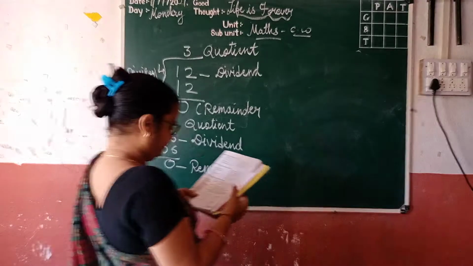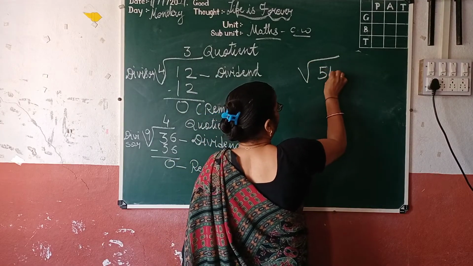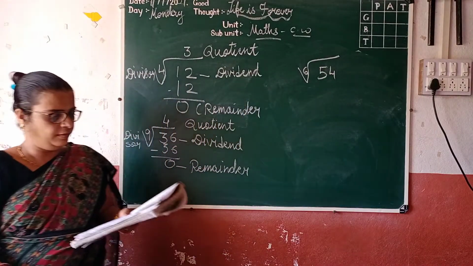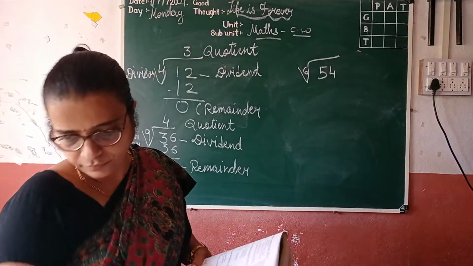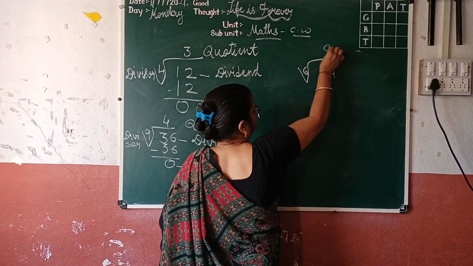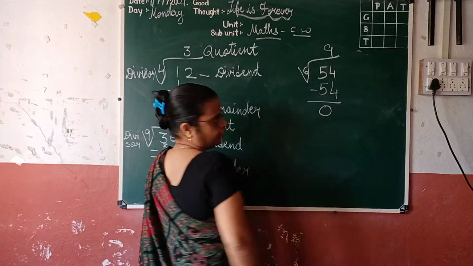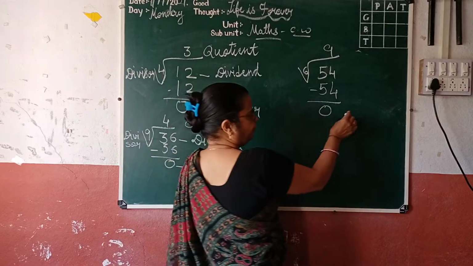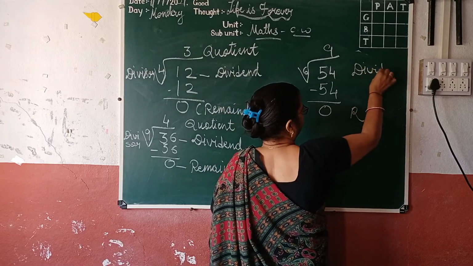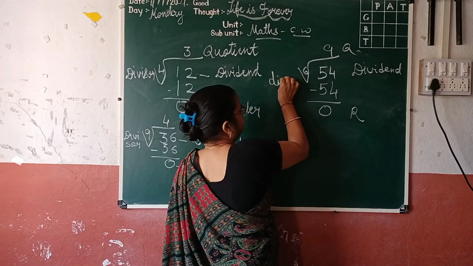Now look here, 54 divided by 6. So look here, 6 9s are 54. Answer is 0. So you have to write the full form. This is a remainder, this is a dividend, this is a quotient, and this is a divisor.